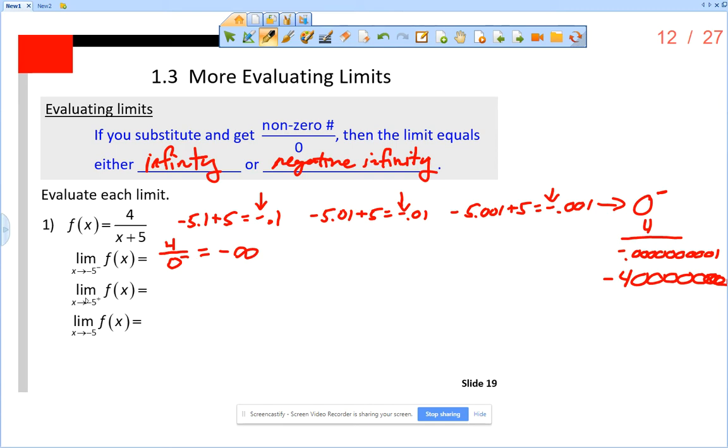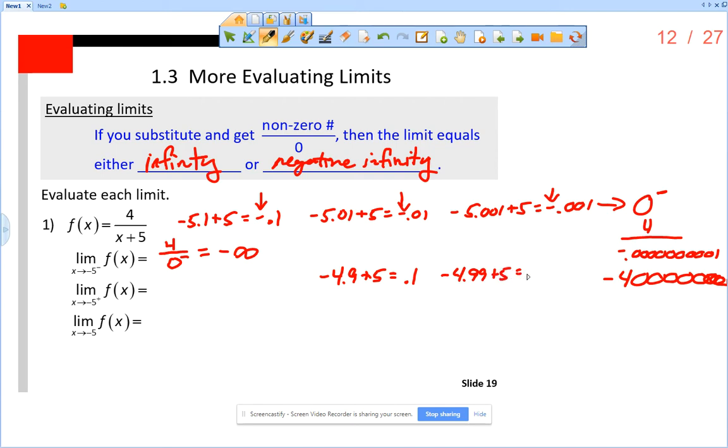All right. What about if I approach negative 5 from the right? So instead of negative 5.1, what is on the right of negative 5? That would be like negative 4.9, right? If I add that to 5, I'm getting a positive 0.1. Then let's get closer: negative 4.99 plus 5.